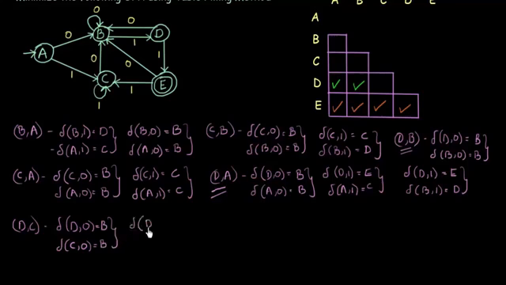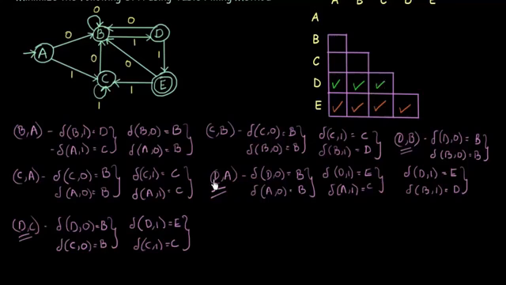Now let's check for input 1. D on input 1 goes to E, and C on input 1 goes to C itself. So we get this pair EC. Now check if EC is marked. EC, yes, EC is marked in our table, so I also have to mark DC, which I checked just now. So DC is also marked.